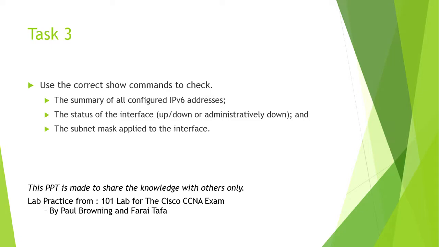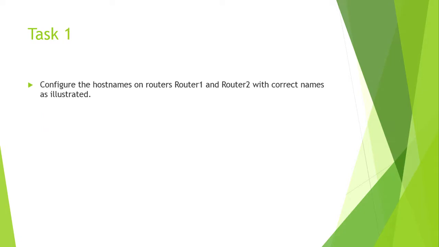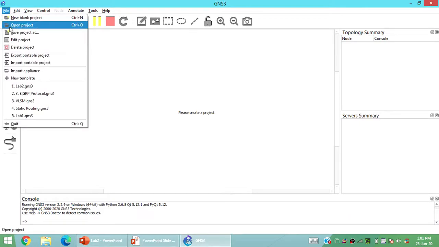Task 3 summarizes the configured IPv6 addresses on the router and the status of the interfaces, that is, whether it is up or down at the administrative level, and the subnet mask has to be defined. So let's start with task 1.